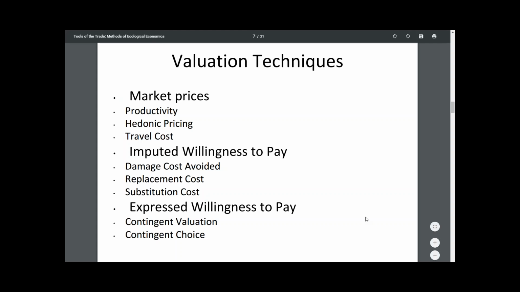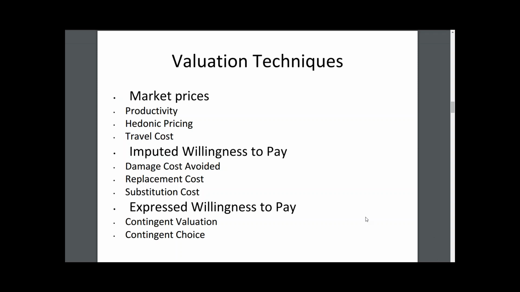These are basically going and asking people to give you values for things. So actually asking them what it would be worth for some ecosystem service. Either, depending on the technique that you use, asking them what you'd be willing to pay to preserve something, or what you would want as compensation if somebody took away that thing.